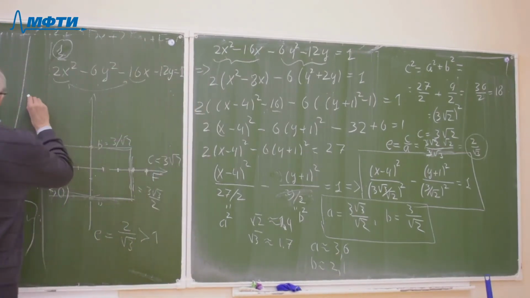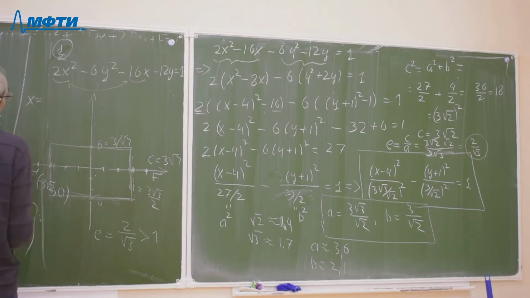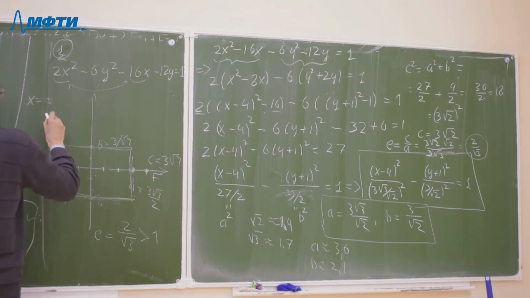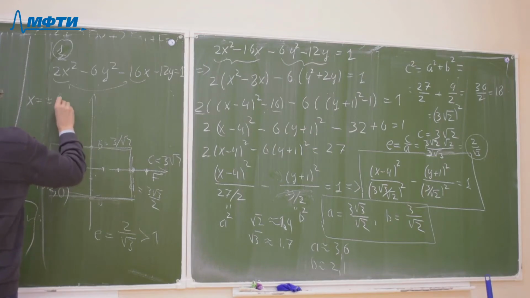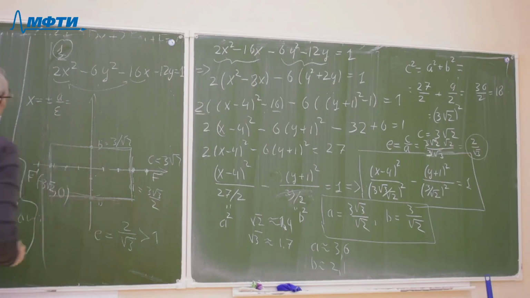And the directrices are x equal plus minus the ratio a to epsilon.